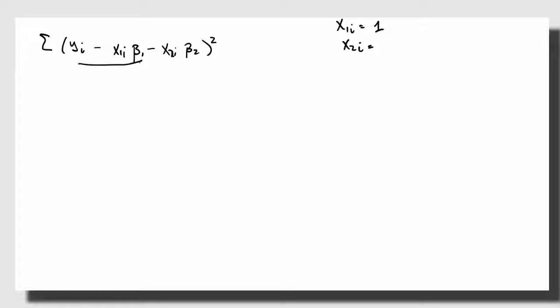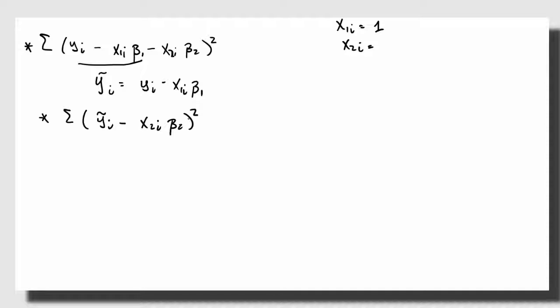Imagine if I were to just know beta 1, or fix beta 1. Then let yi tilde be equal to yi minus xi1 times beta 1. And then this equation becomes the summation of (yi tilde minus xi2 beta 2) squared.